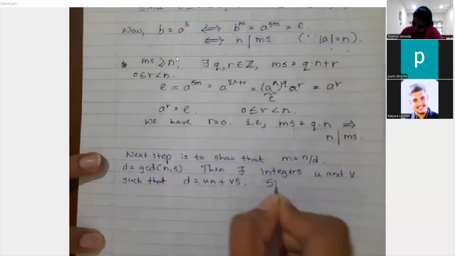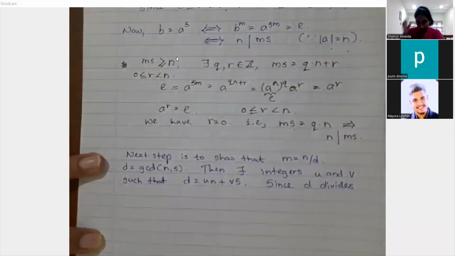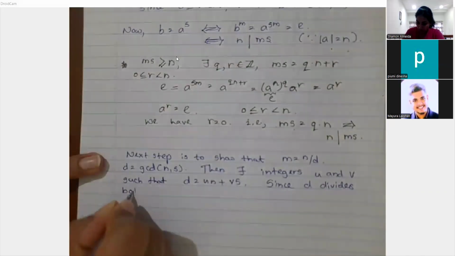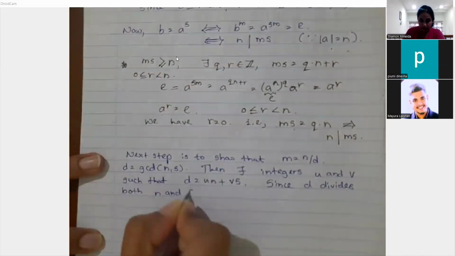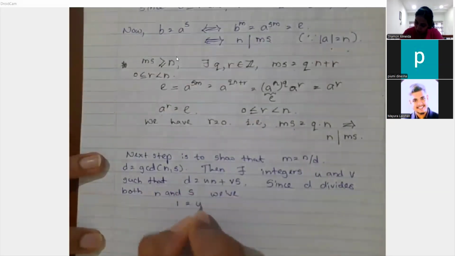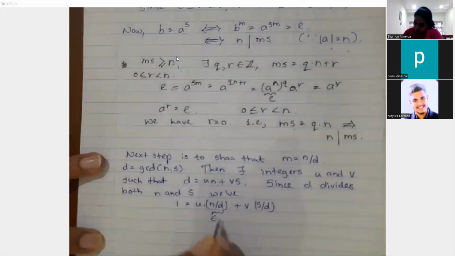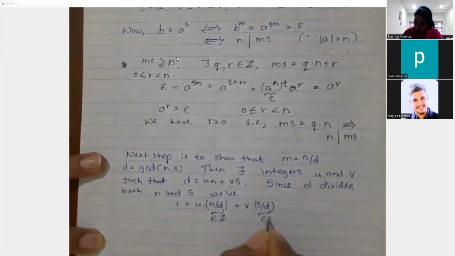Since d divides both n and s, we have 1 equals u times n over d, which is an integer, plus v times s over d, which is again an integer, because d divides both n and s.